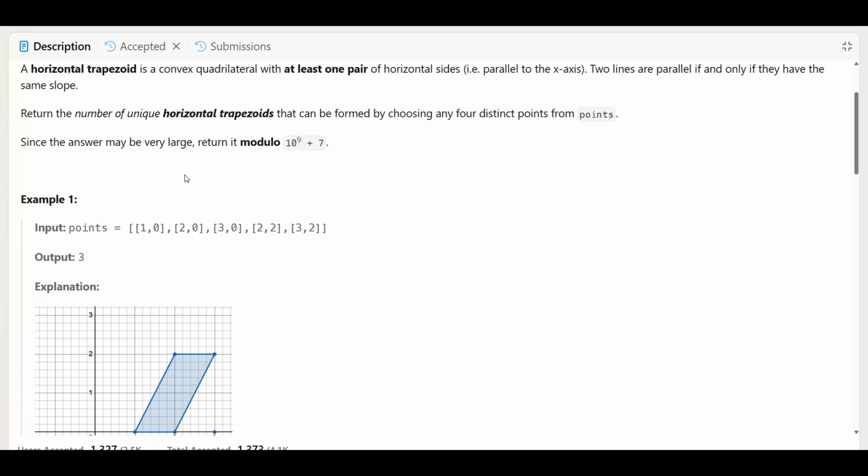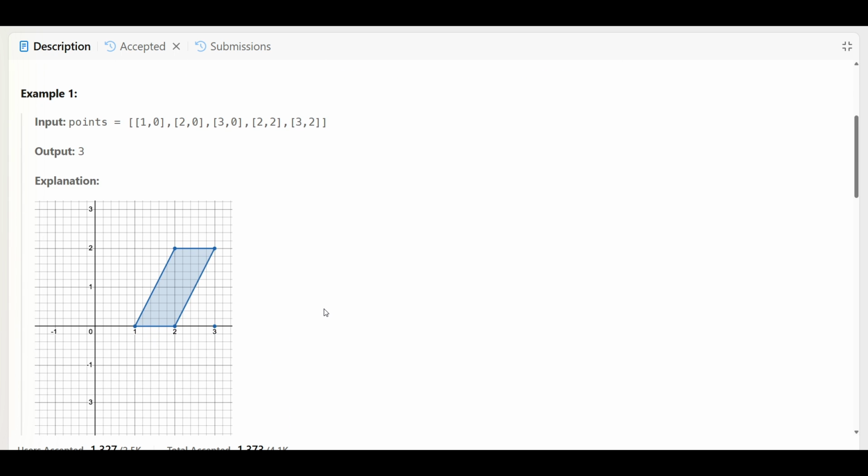A horizontal trapezoid is defined as a quadrilateral with 4 points, and it has at least one pair of horizontal sides, meaning two segments that are parallel to the x-axis. You can see one segment is parallel to the x-axis here, another from 2 to 3, right? These two are parallel to the x-axis at the same y value.